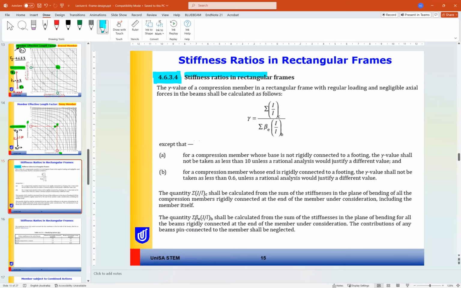4.6.3.4, the stiffness ratio for rectangular frames or frame columns.